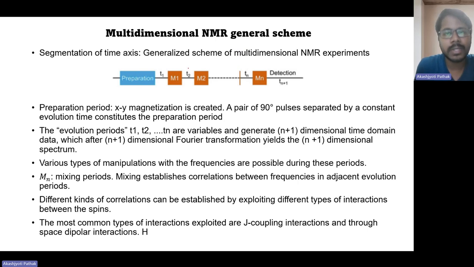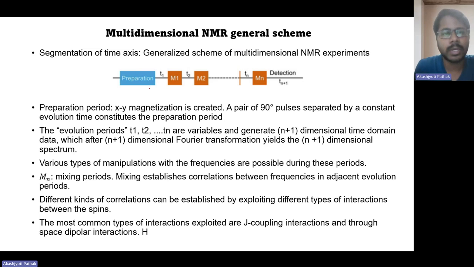The generalized scheme of a multidimensional NMR experiment is a segmentation of the time axis. Here you see that the time is segmented T1, T2, Tn, and this is also called the evolution period. Following that, the detection is taking place.